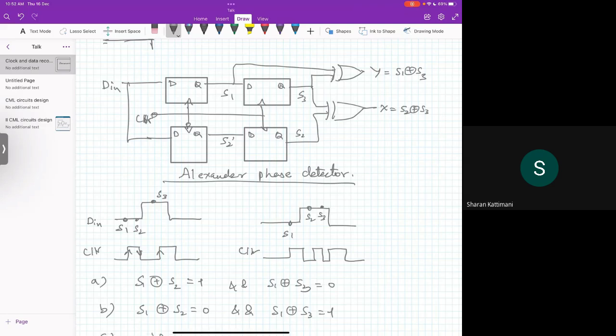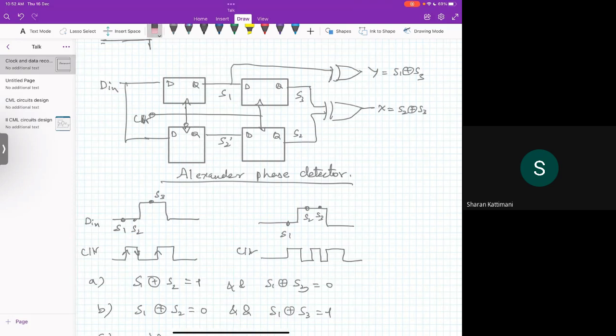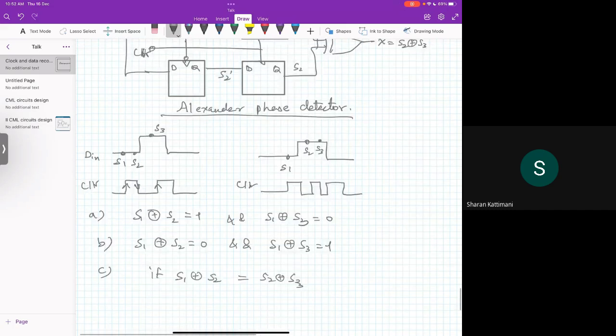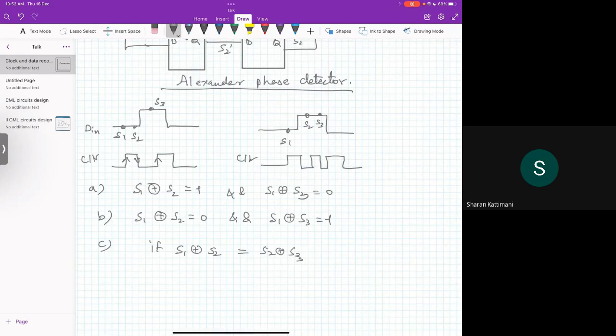Okay, so in all these possibilities, when S1 XOR S2 means this one, this will be S2. Okay, so if this is the case, then the clock is late, and if this is the case, then the clock is early.